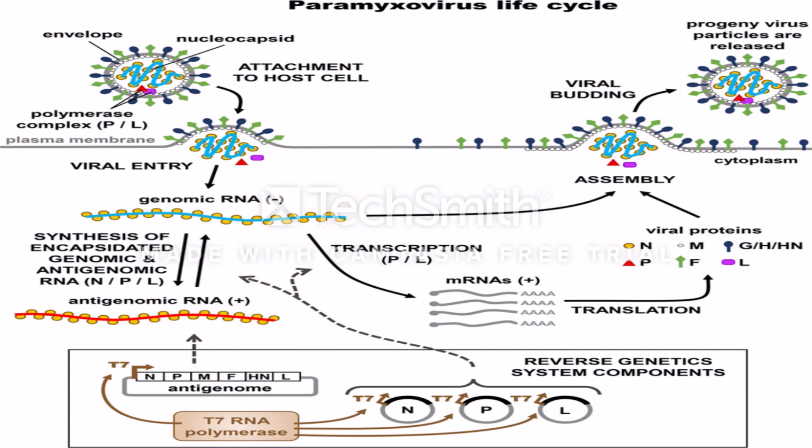The mumps virus replicates first by attaching to the surface of cells with its hemagglutinin neuraminidase protein, then fusing its envelope with the cell membrane with its F protein, releasing the nucleocapsid inside the cell. The RNA polymerase then makes mRNA from the genome and replicates it. The viral proteins are synthesized and assembled into new virions that bud from the cell membrane.